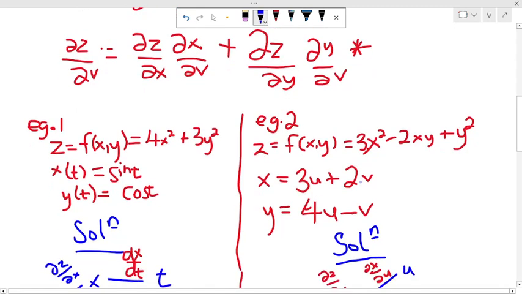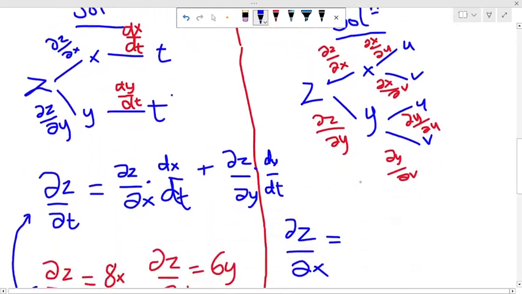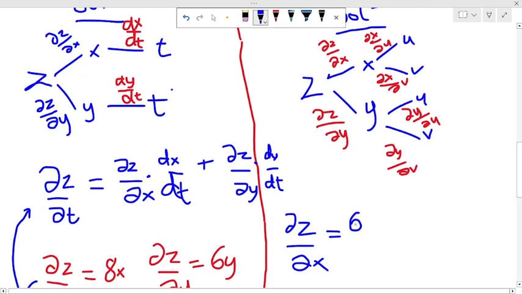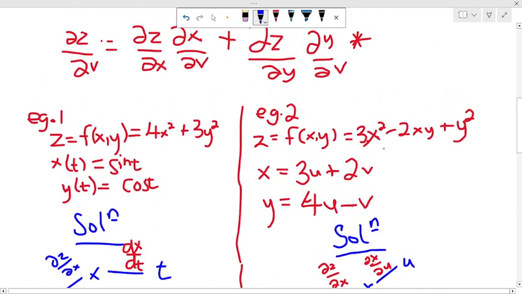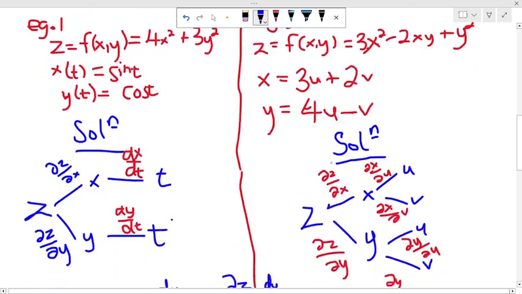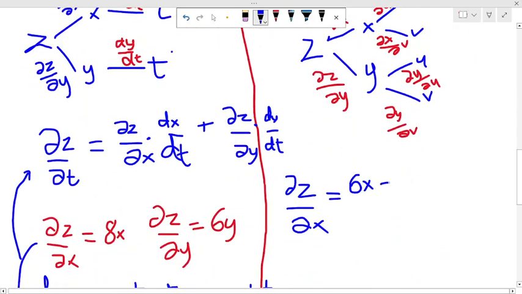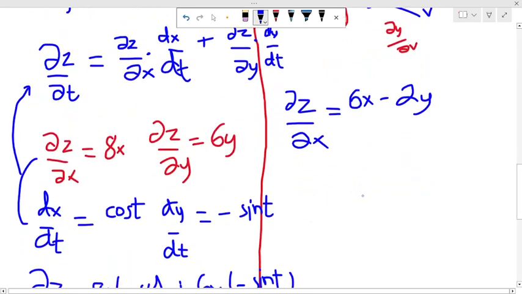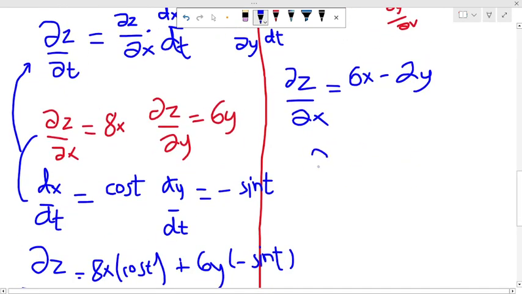Now differentiating 3x squared gives us 6x, and differentiating negative 2xy with respect to x gives us negative 2y.